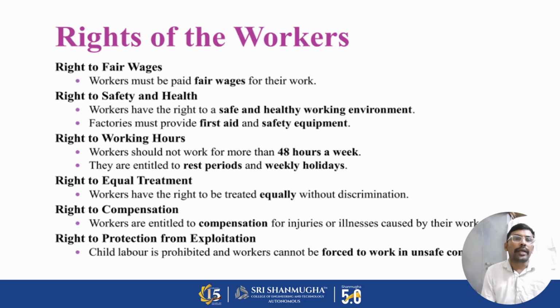The next is the right to equal treatment, and the right to compensation. These are the different rights of the workers inside the industries. The last one is the right to protection from exploitation. These are the different rights categorized in the 1948 Act.